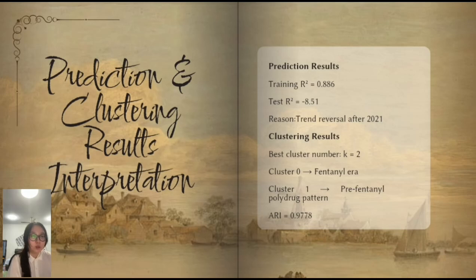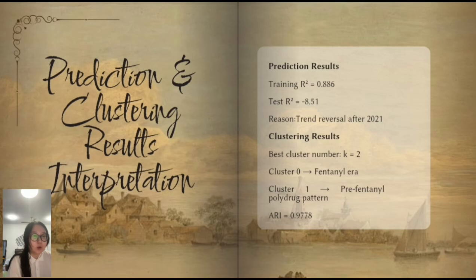Now I will explain the results of the prediction model and the clustering model. First, let's look at the prediction results. During the training stage, the linear regression model achieved an R-squared value of about 0.886.